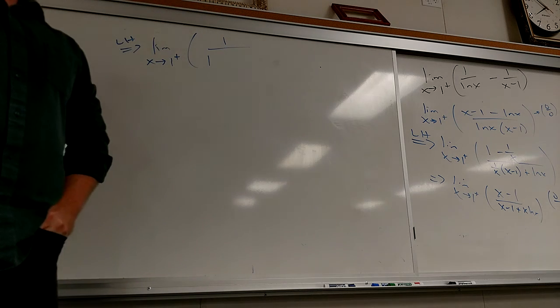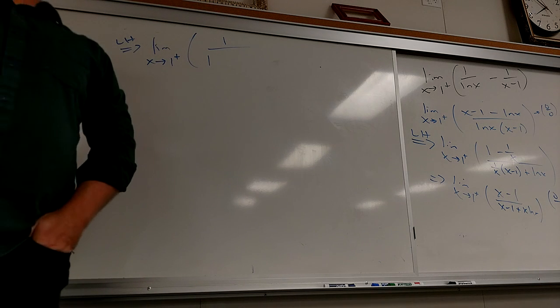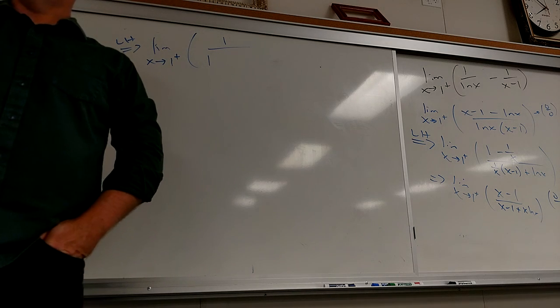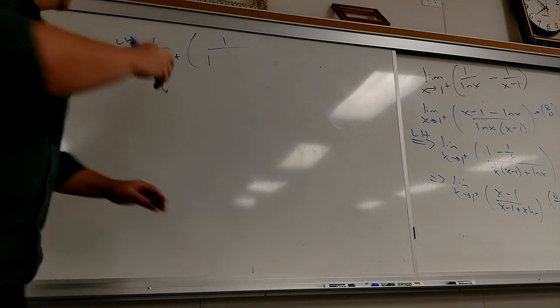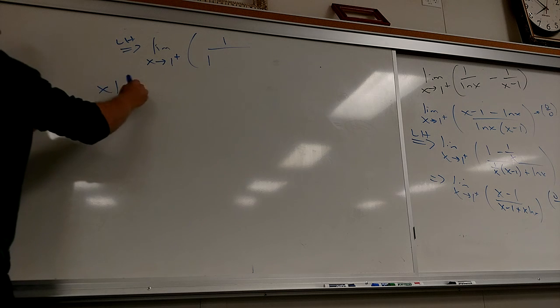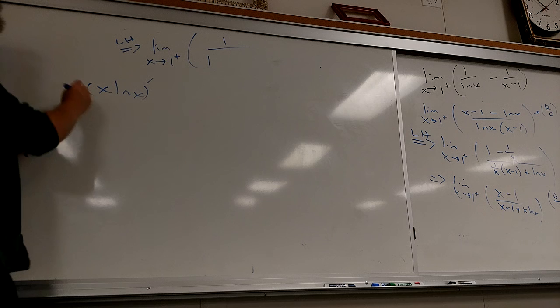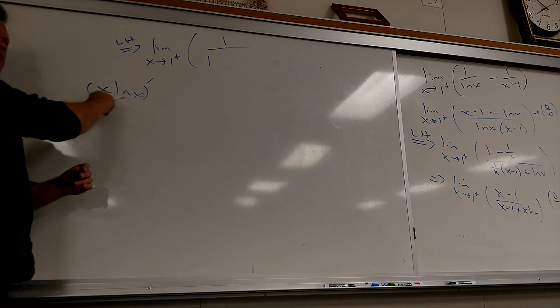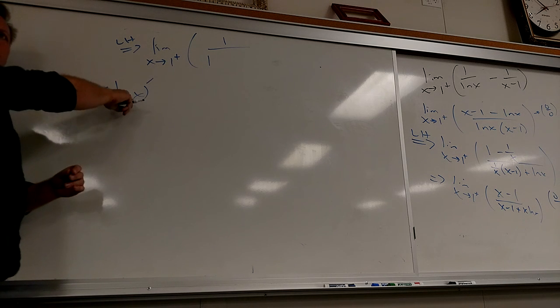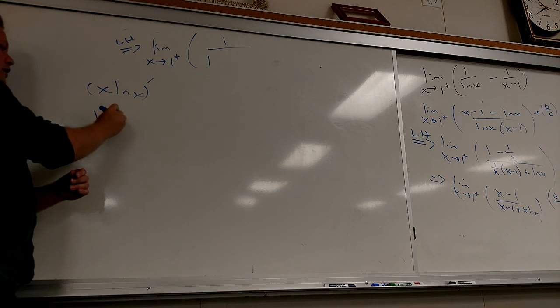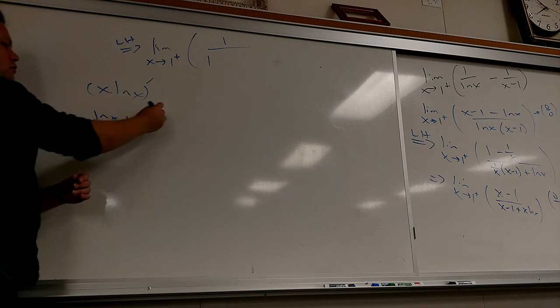How do you do the derivative of x natural log of x? What's its derivative? What rule? Product rule. So derivative of x is 1, so ln x plus, leave x alone, times the derivative of ln x, 1 over x.